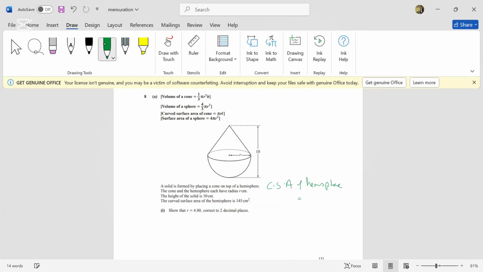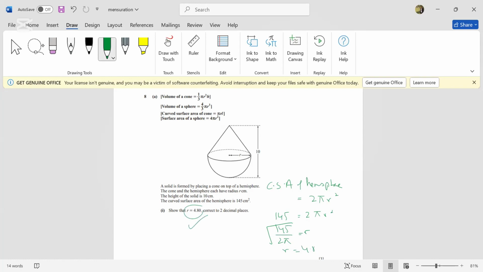Curved surface area, so 2 pi r square equals 145. So r square is 145 upon 2 pi. Let's take the square root and we get the radius 4.8.